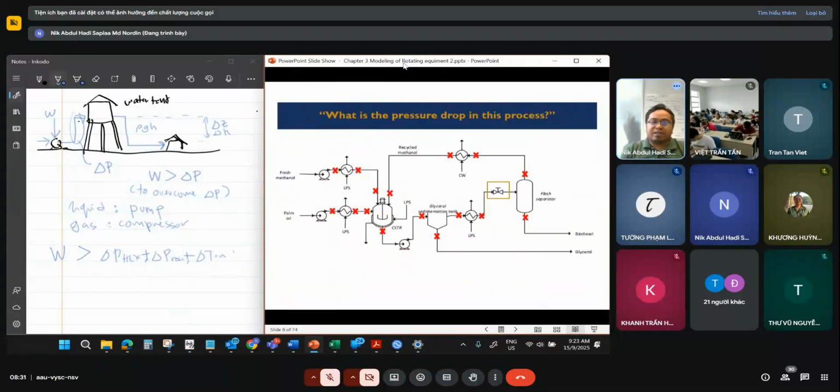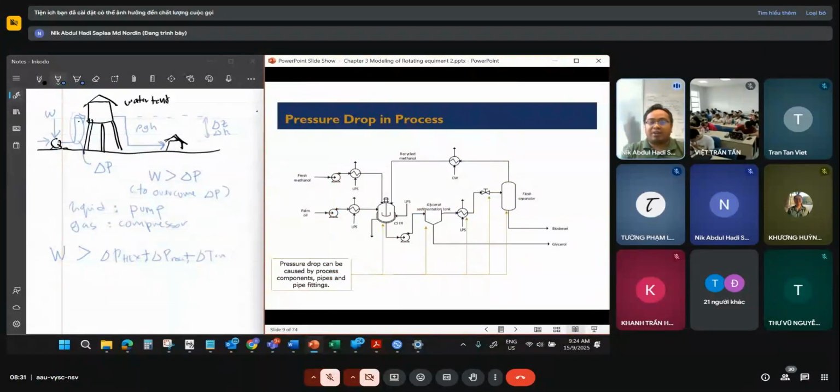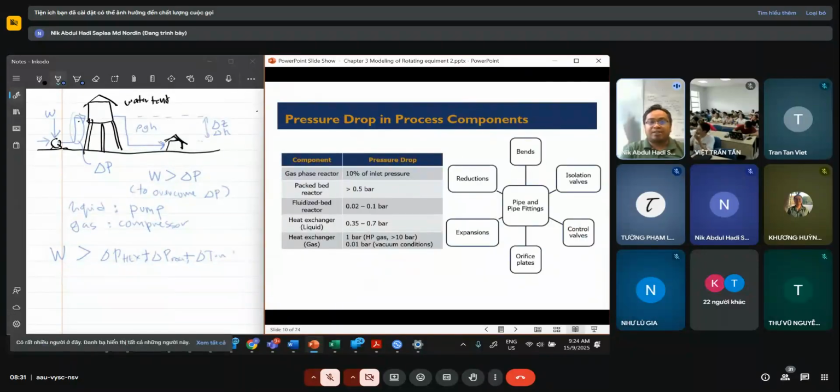Aside from the pressure drop by specific equipment, we also have pressure drop by the pipe itself and also pipe fittings. Any type of fitting will induce some pressure drop. So the first part of today's lecture will be focusing on the pressure drop.